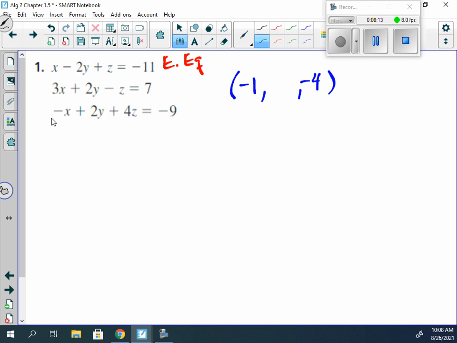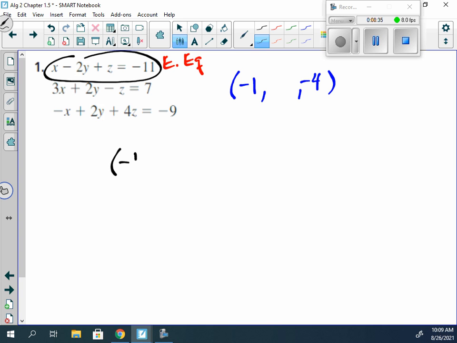Which equation do we want to use? The first one, x minus 2y plus z equals negative 11. So we'll use this one here. We can't use the eliminator when eliminating, but we can use it when solving.